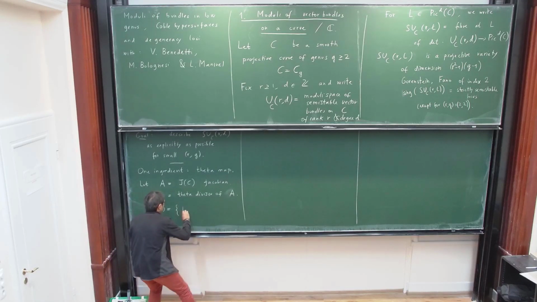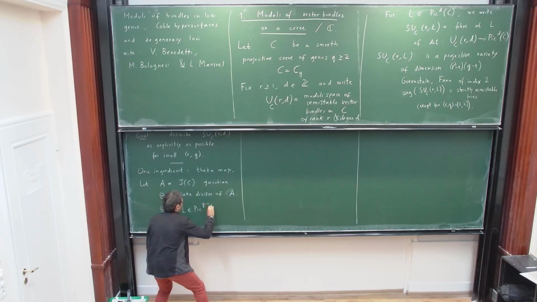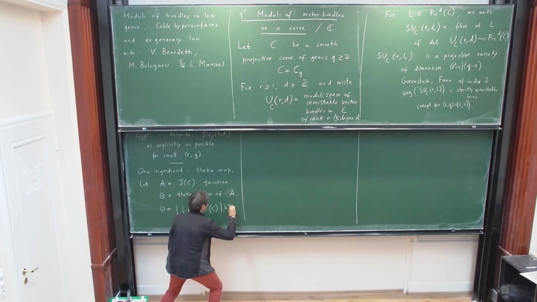So this will be the line bundles that have a section.